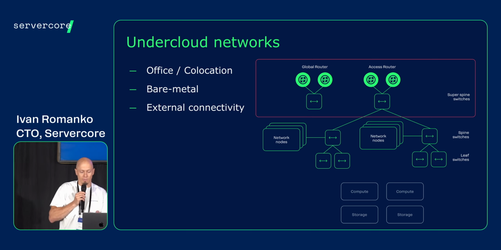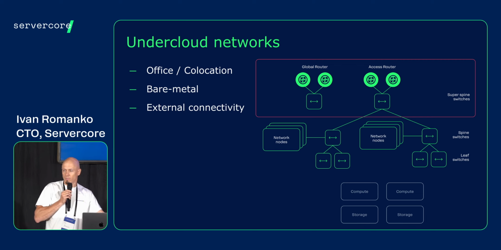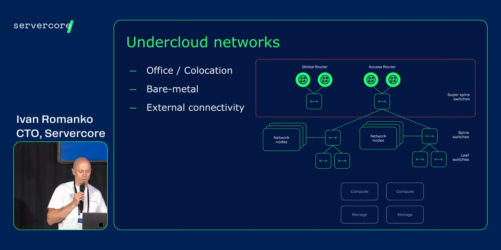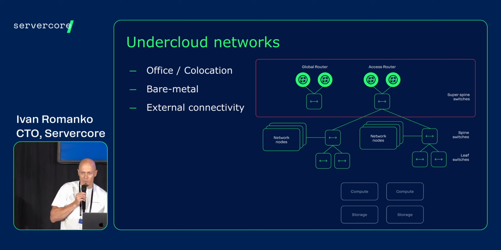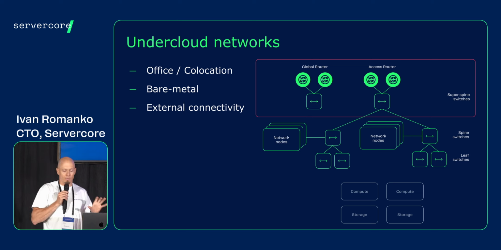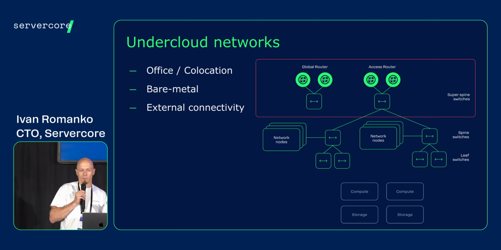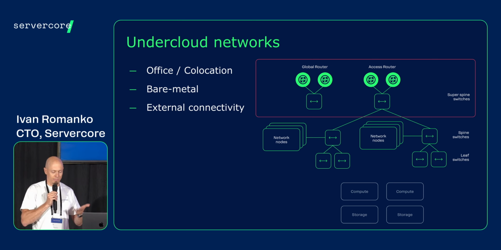Global router, in case of Servercore, connects the cloud with bare metal equipment you can rent in the cloud, or with your colocation equipment you brought to iColo, or to your office on-prem. That's it. So equipment on this level knows about IP addresses and about routes, and they take care of it.